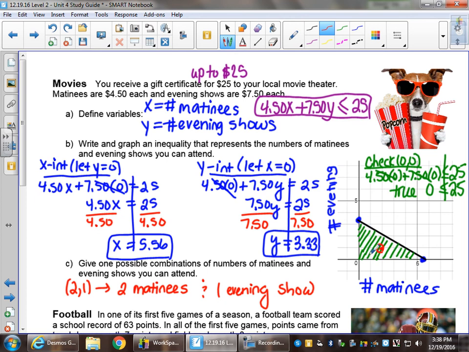Any ordered pair in the region. You could have chosen, for example, you know this is 3.33, so you know for a fact that 0, 3 would work. That would mean no matinees and 3 evening shows.